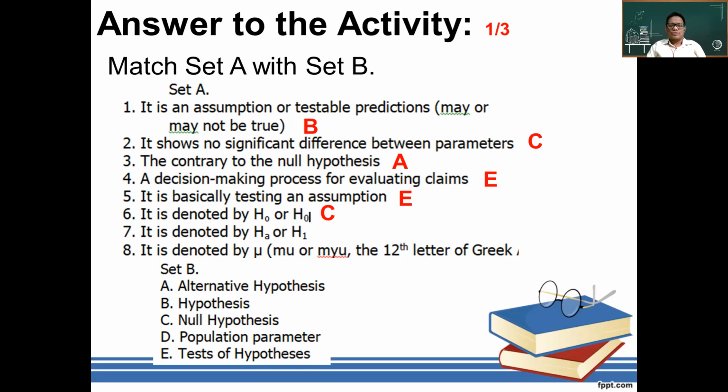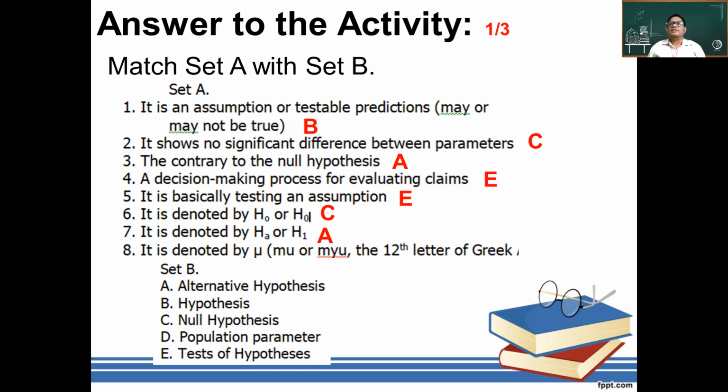Okay, it is denoted with H sub A or H sub 1. What do you call this one? H means hypothesis, A means alternative. Of course, it is letter A. It is alternative hypothesis. So to make it simple, class, in our level, in grade 11, we shall use H sub O and H sub A for our discussion.